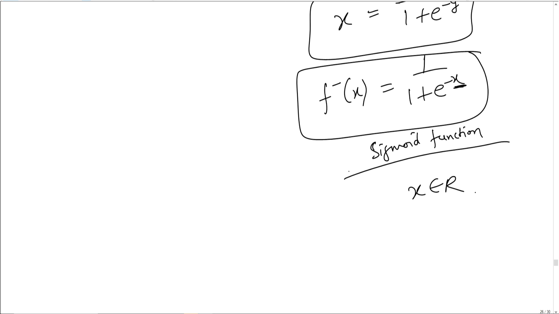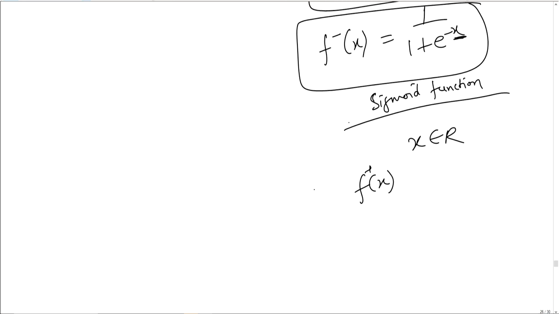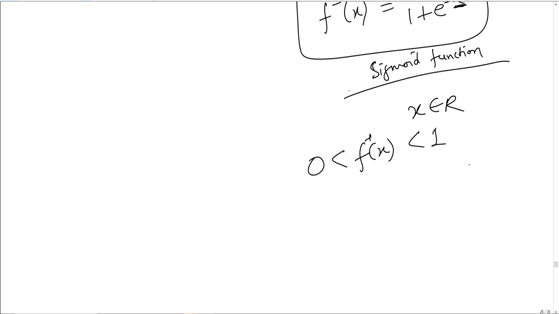For any real value of x, this f inverse function would always be constrained between 0 and 1. So, basically it transforms any real value to a real value between 0 and 1, which you can actually use to assign probability to some event, right. So, that is why this is very useful.